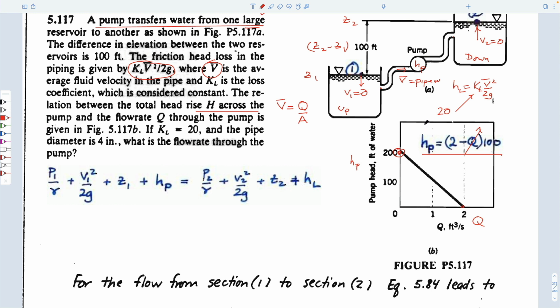It's important to note that this is not a non-dimensional equation. It's equal to feet on the left-hand side, and it's equal to cubic feet per second on the right-hand side. So I guess you could think of this being multiplied by a coefficient which would be in units of seconds per feet squared, if you wanted to, right?